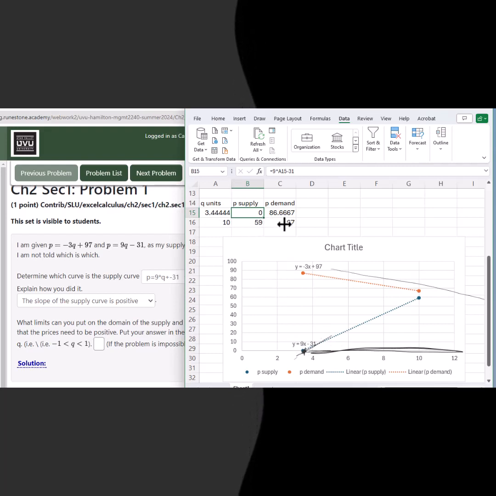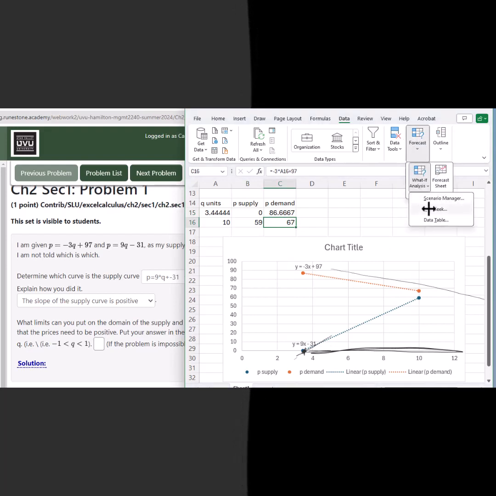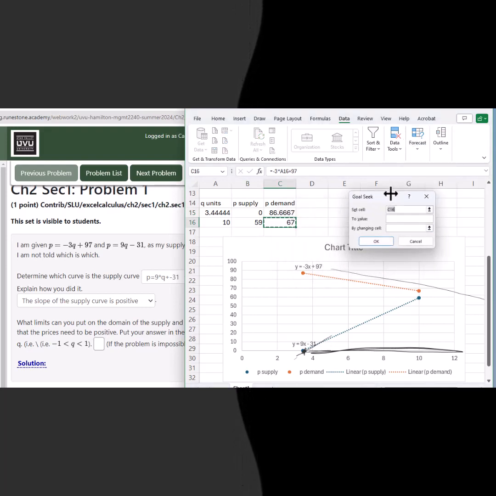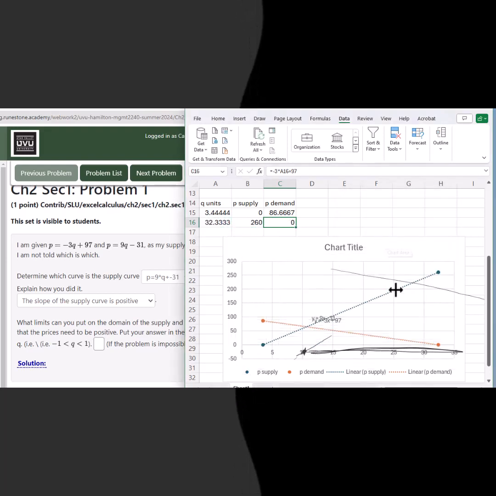Let's do the same for the demand function. Ask Goal Seek to figure out when that cell would have a value of 0 and give me the number of units. And now let me clear all of my markings off of this.